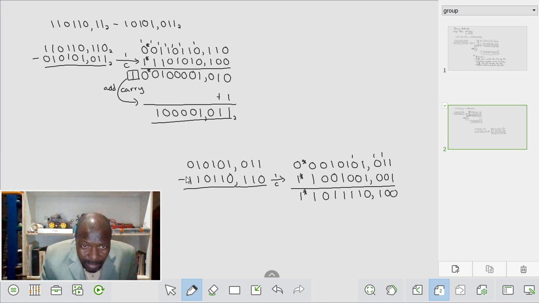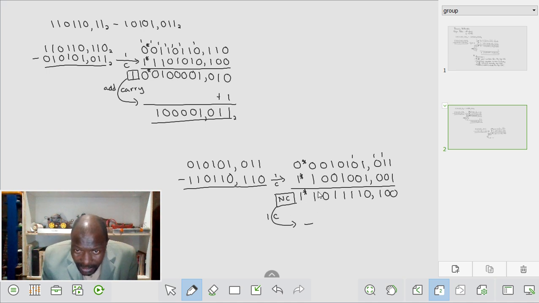The bottom number is what is bigger, so we do not have a carry. We know that our answer is negative, which we know already in this case. However, remember when you complement, we don't complement the sign bit.